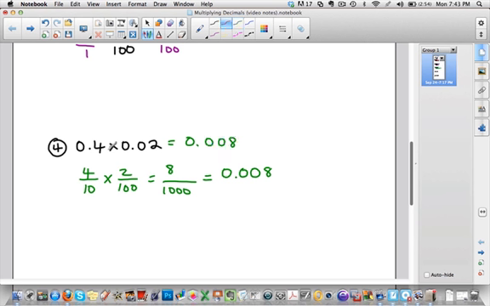Taking a closer look, there's 1 place here, 1, 2 here. In total, there are 3. There's 3, so the answer will be 1, 2, 3 decimal places from the right.